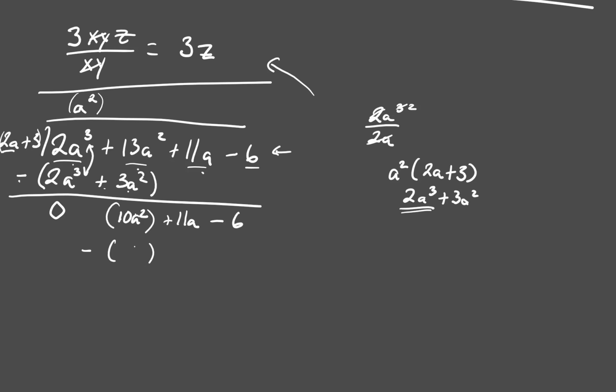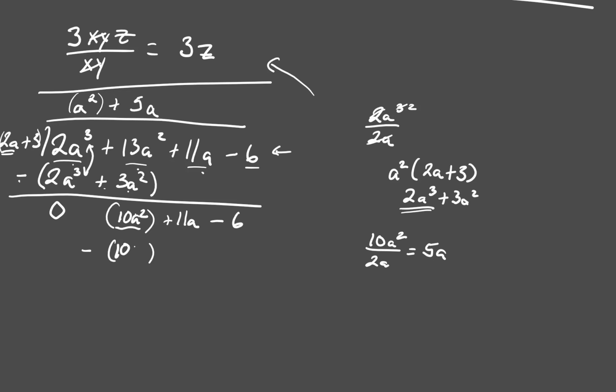Okay, same idea. I'm going to take the 2a. I'm going to see how many times it goes into 10a squared. So I got 10a squared over 2a. That's just going to be 5a. I'm going to add those groups because those are the new groups that I formed up here.